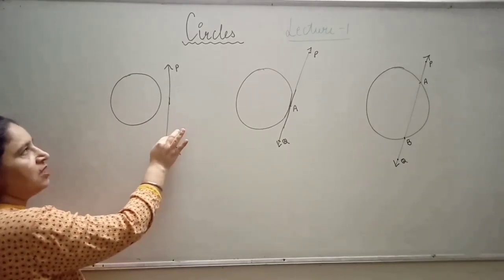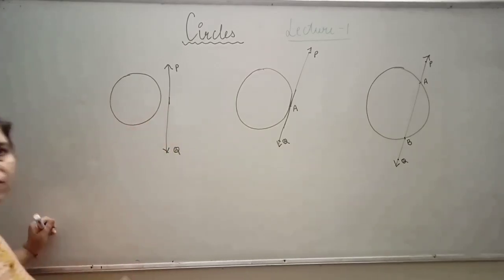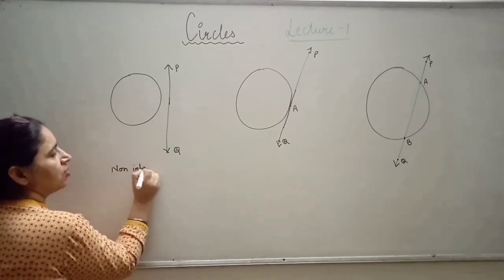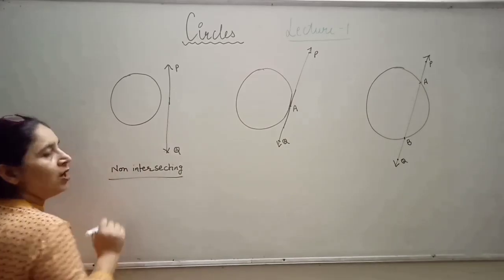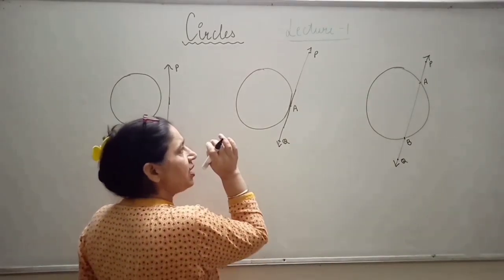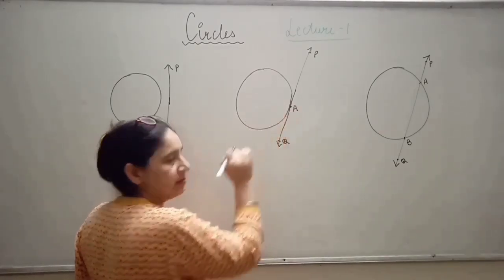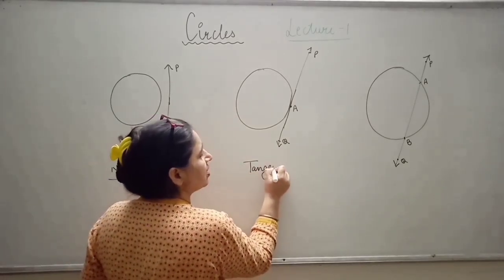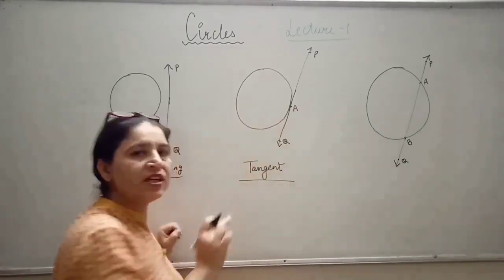Because this line is not intersecting this circle anywhere, this is called non-intersecting. But if this line is intersecting this circle at one point, then this is called a tangent. This line PQ is now called the tangent of the circle.